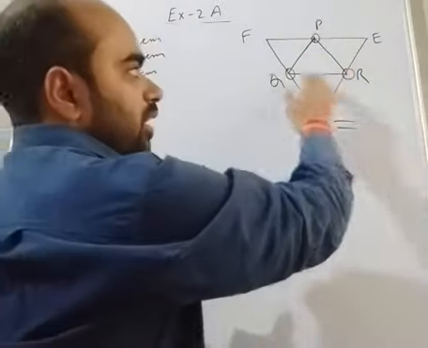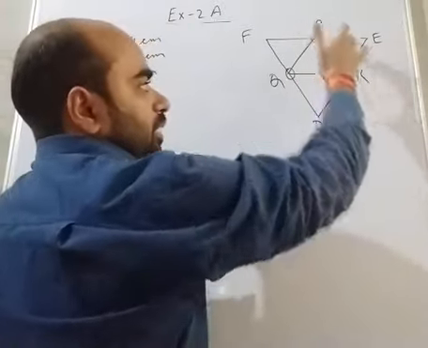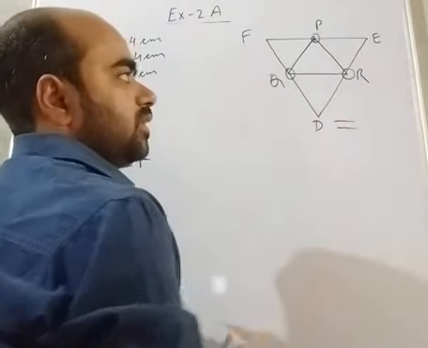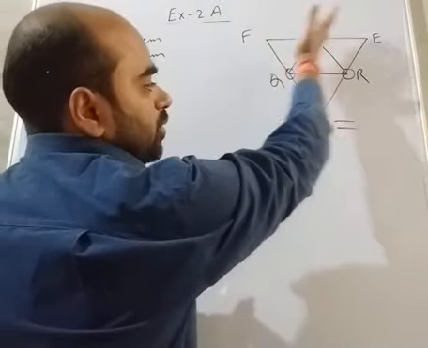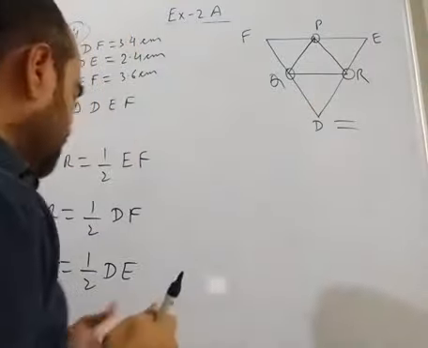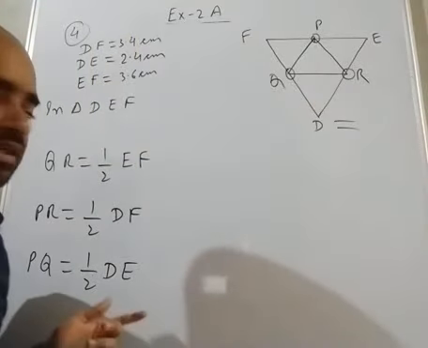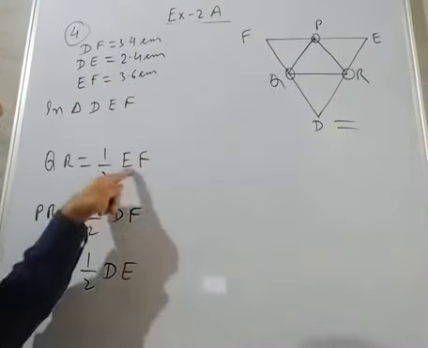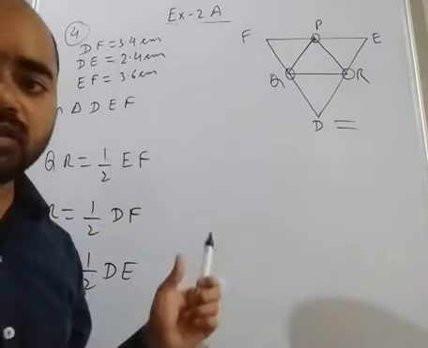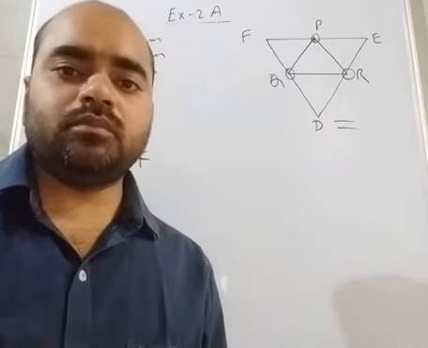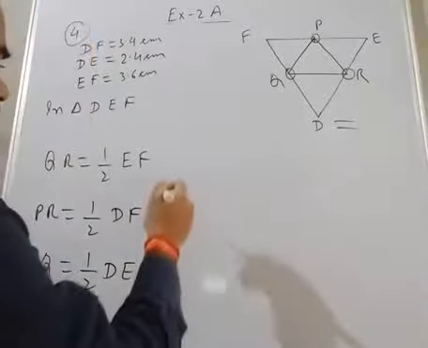It means QR is equal to half EF, PR is equal to half DF. Clear? Similarly, PQ, opposite side ED, means PQ is half of ED. Now all the values we are getting, EF, DF and ED, substitute.